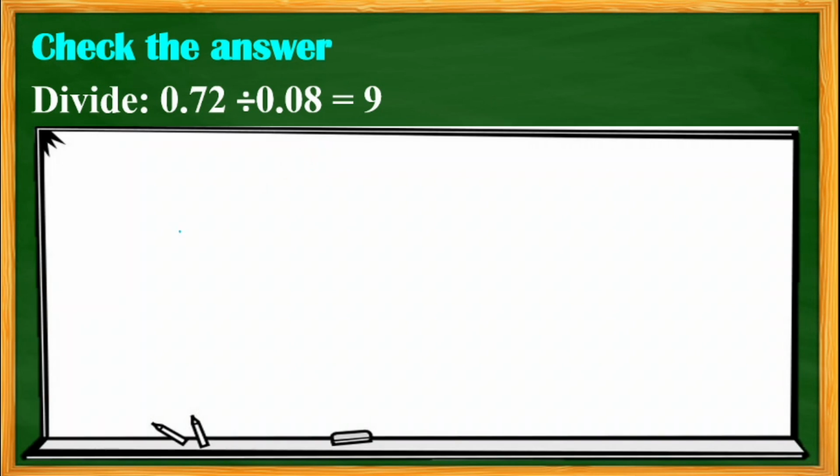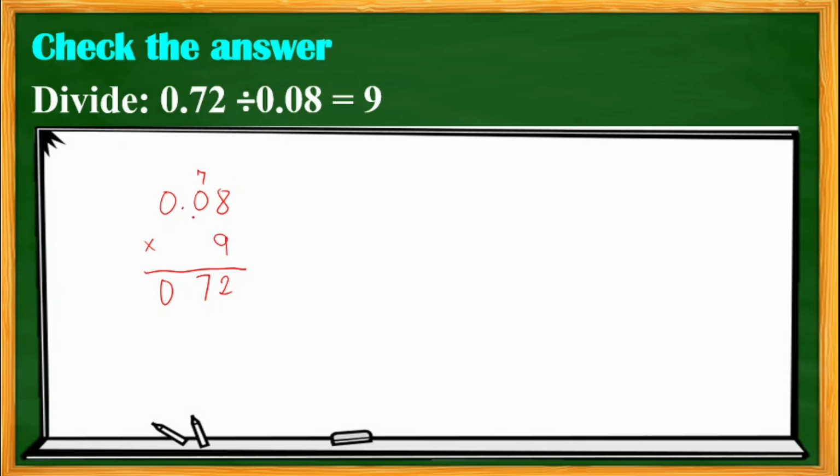To check if our answer is correct, we multiply 9 to our divisor, 8 hundredths. 9 times 8 is 72. Then 9 times 0 is 0, and 9 times 0 is 0, plus 7, we have 7. Then 9 times 0 is 0.